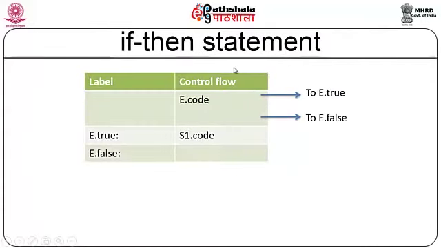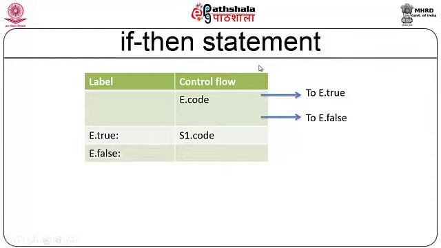Now, this is what we are trying to look at. First, you have your grammar as if expression then statement. So, what should be done first? The expression E should be evaluated first. This expression evaluation is done using the earlier discussed syntax directed definition rule. This expression ultimately evaluates to two values, either true or false.